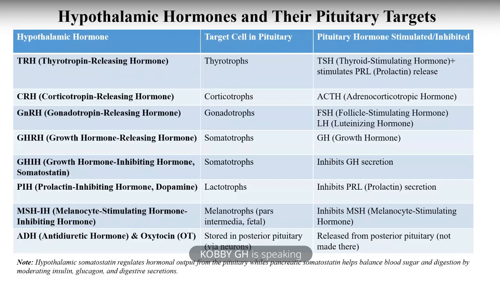Are you getting it? If melanocytes are producing more melanin in your skin, you need the inhibiting components. If it is less, then we will need the stimulating components. Are you getting it?